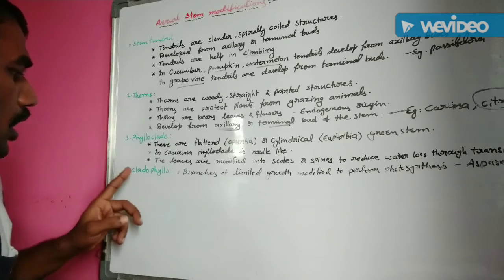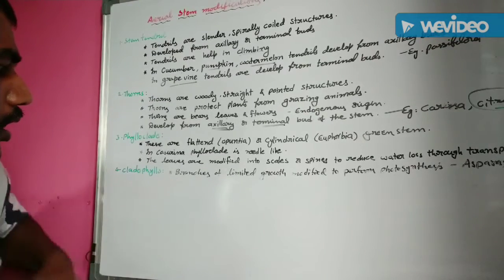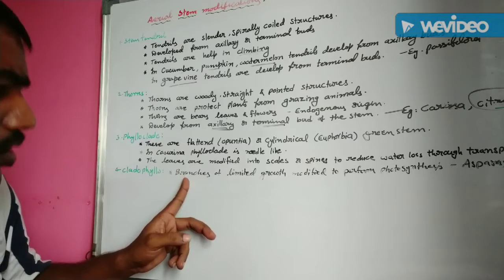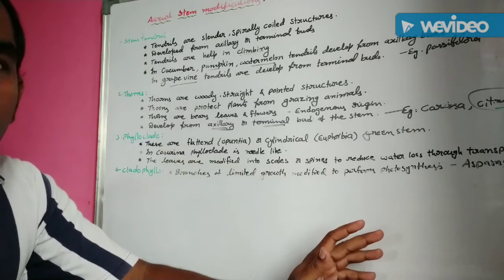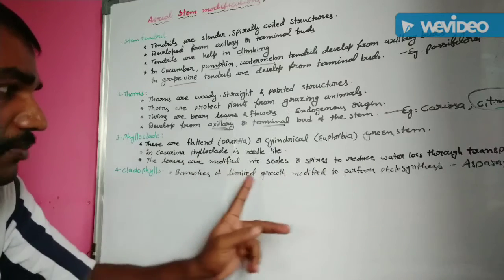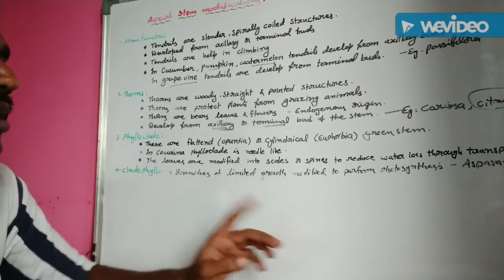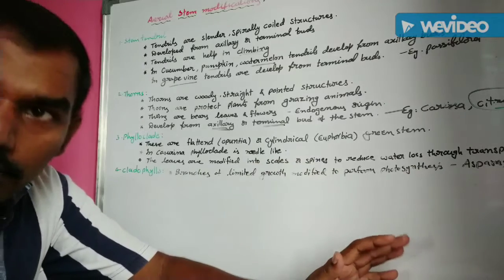Another one, cladode. In this, the branches of limited growth are modified to perform photosynthesis. The lateral branches grow with limited growth. They are modified to perform photosynthesis activity.